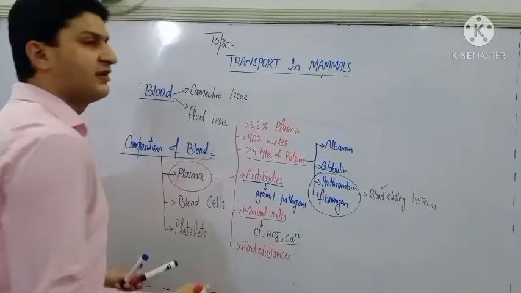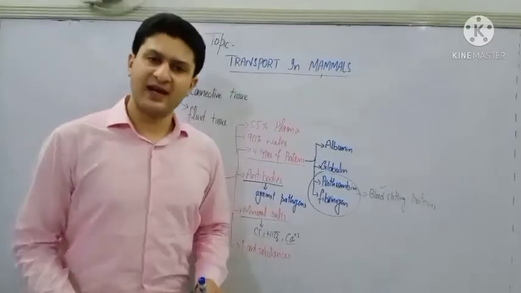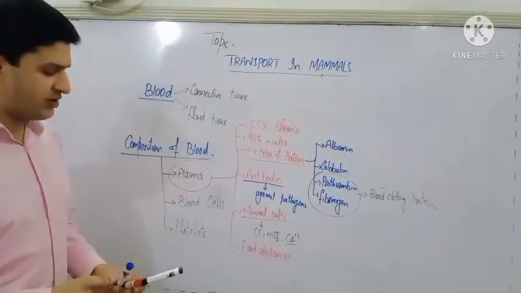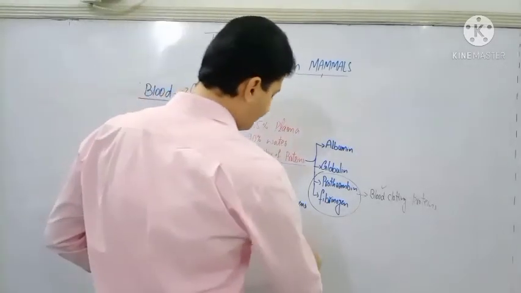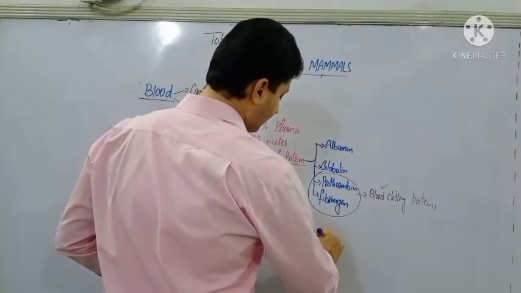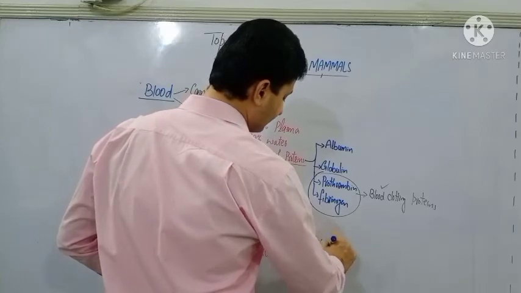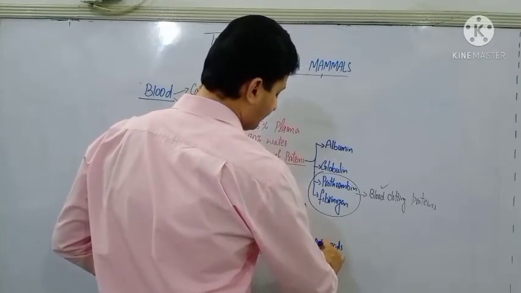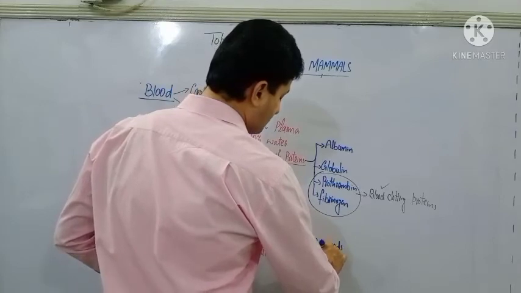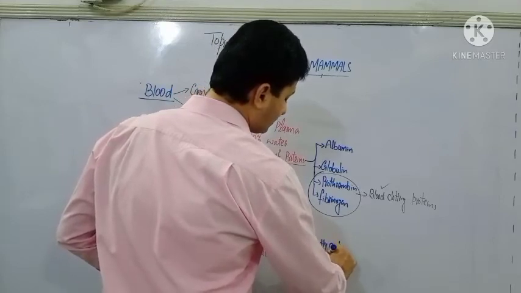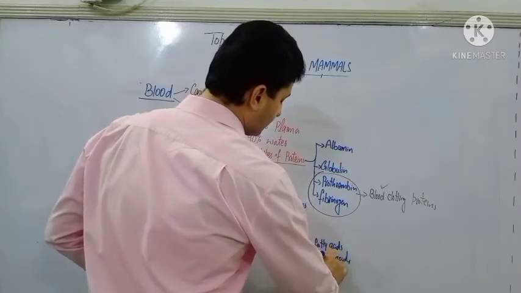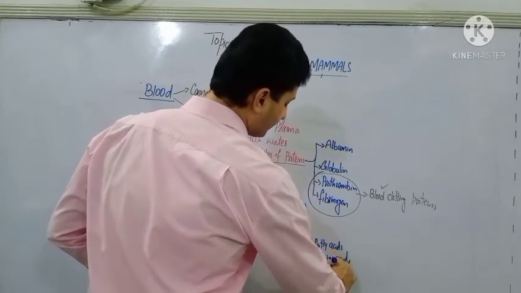For example, through our small intestine, the food has been broken down into fatty acids, amino acids, and glucose.